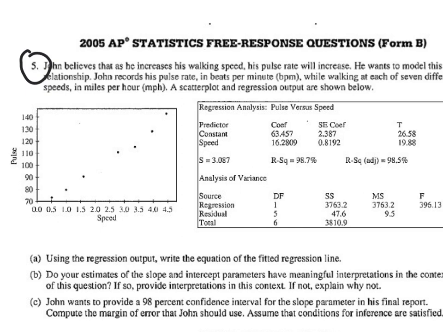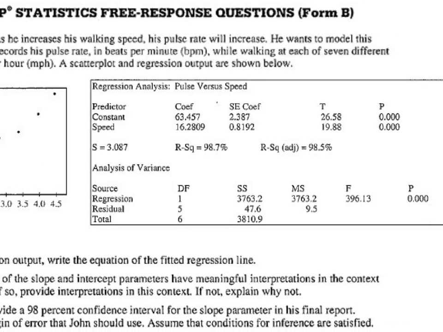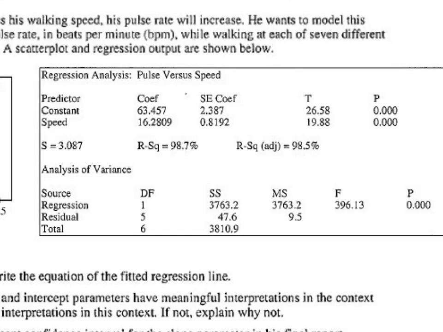Find that page. It's a real AP problem from 2005 that uses all this stuff that I'm teaching you right now. I want you to understand something. They're not going to make you do all those calculations. Most likely, they're going to give you this computer printout, and it's so exciting because all the answers are here.